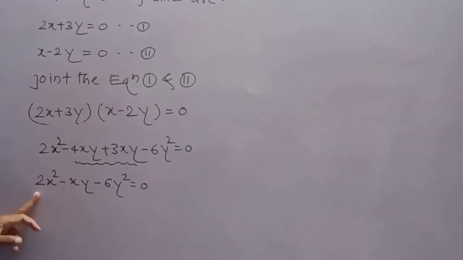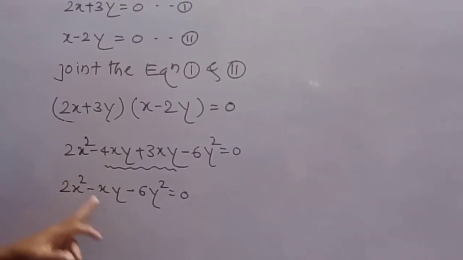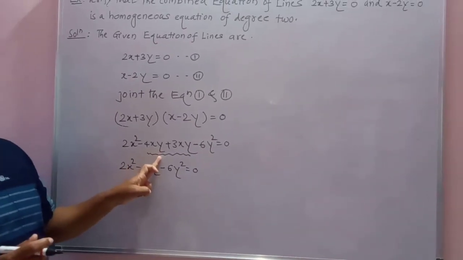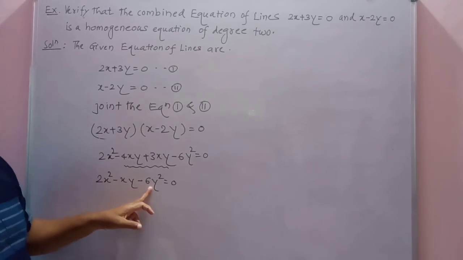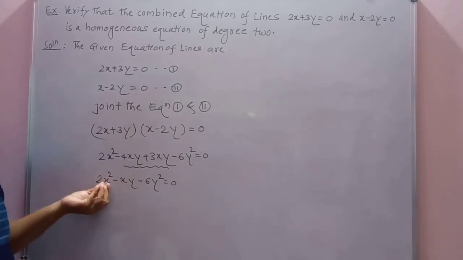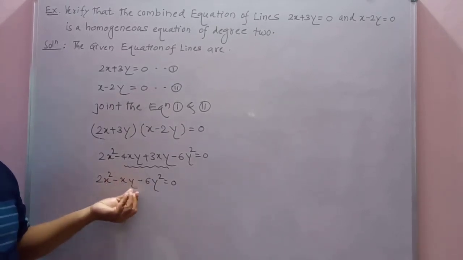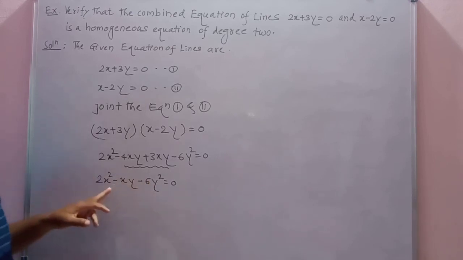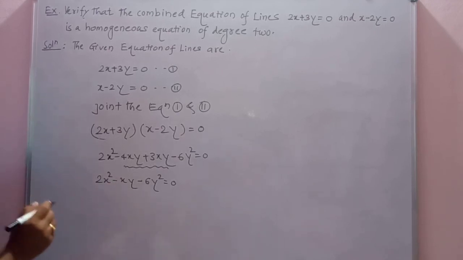Verify that the degree of x square is 2, the degree of xy, the degree of x is 1 and degree of y is 1, so it is 2, and degree of y square is 2. All terms are of degree 2. This homogeneous second degree equation is verified.